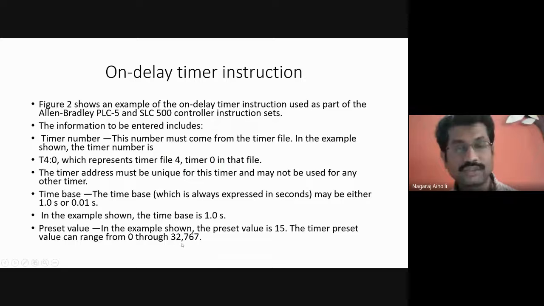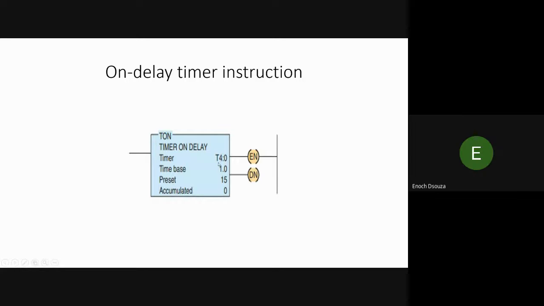That means the maximum value that can be set is 32,767. Correct? The maximum value that I can store in the timer, the preset value for which you want to count, is 32,767. Is it not?